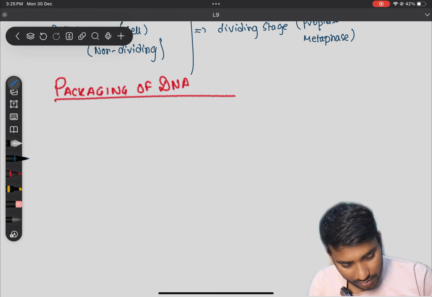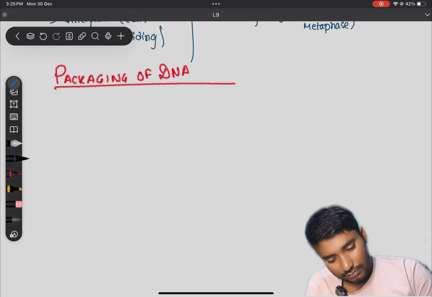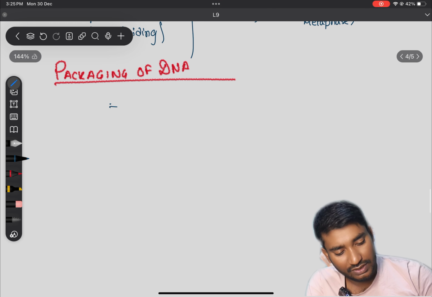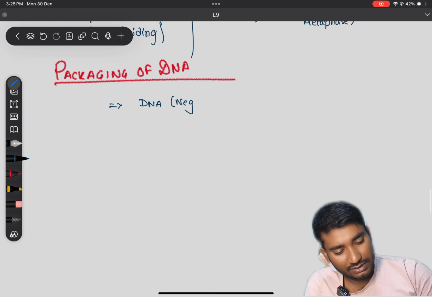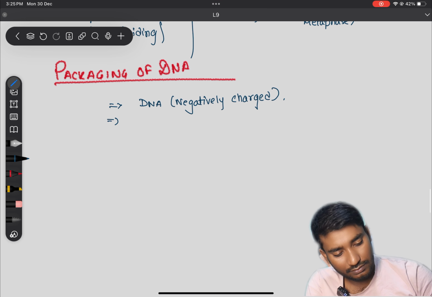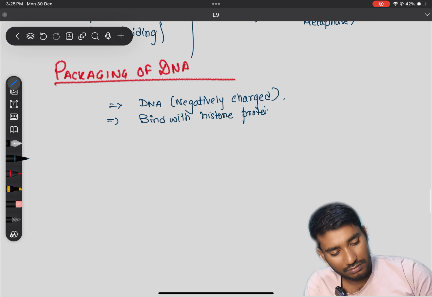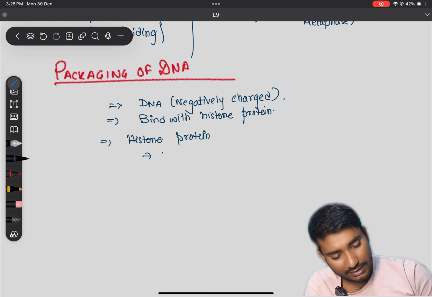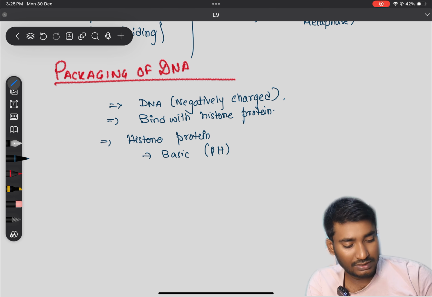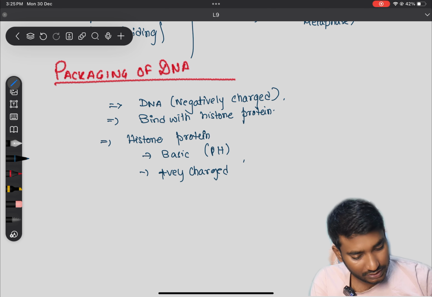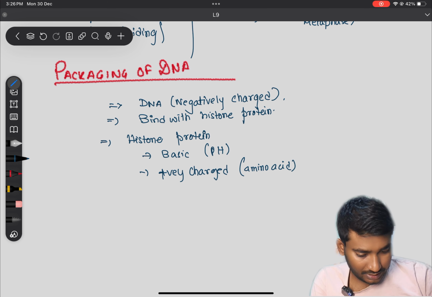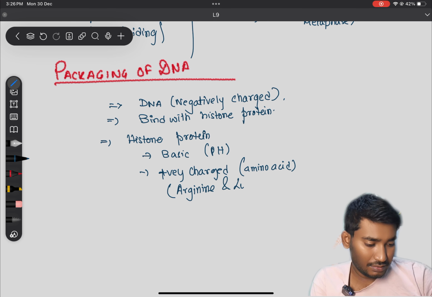After that we come to the heading packaging of DNA. Now DNA is negatively charged and binds with histone protein. Histone proteins are basic, positively charged, rich in the amino acids arginine and lysine.